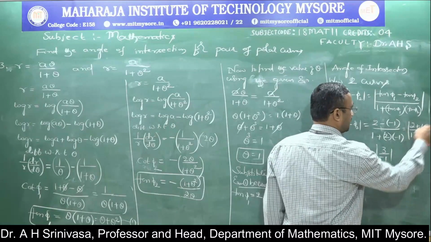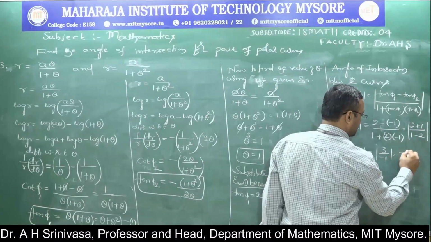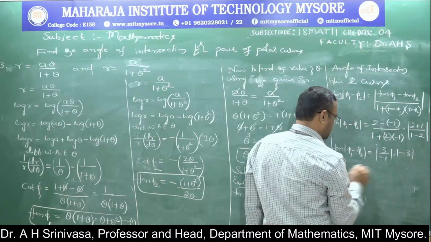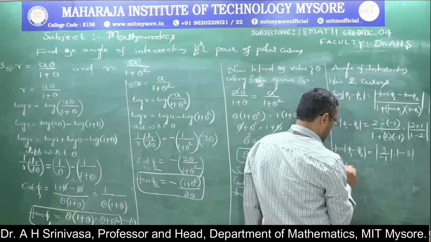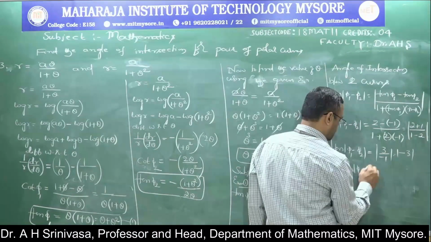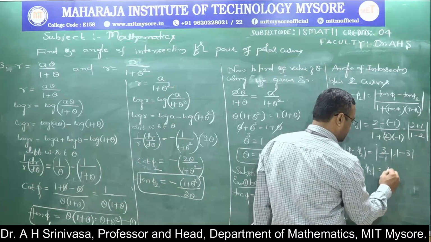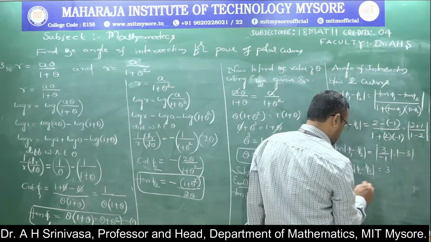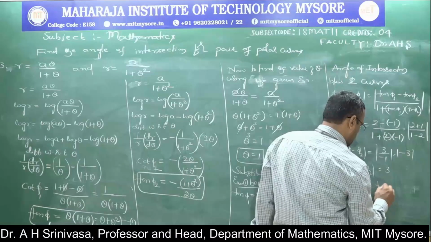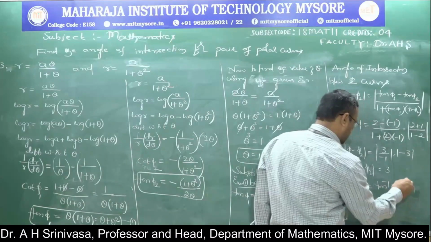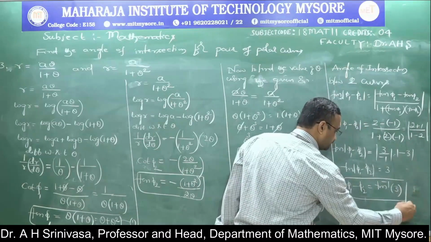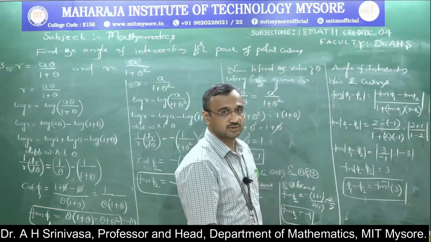It is an absolute value. So this is minus 3. Generally, the absolute value of minus 3 is plus 3. So it is tan inverse of 3. It's clear.